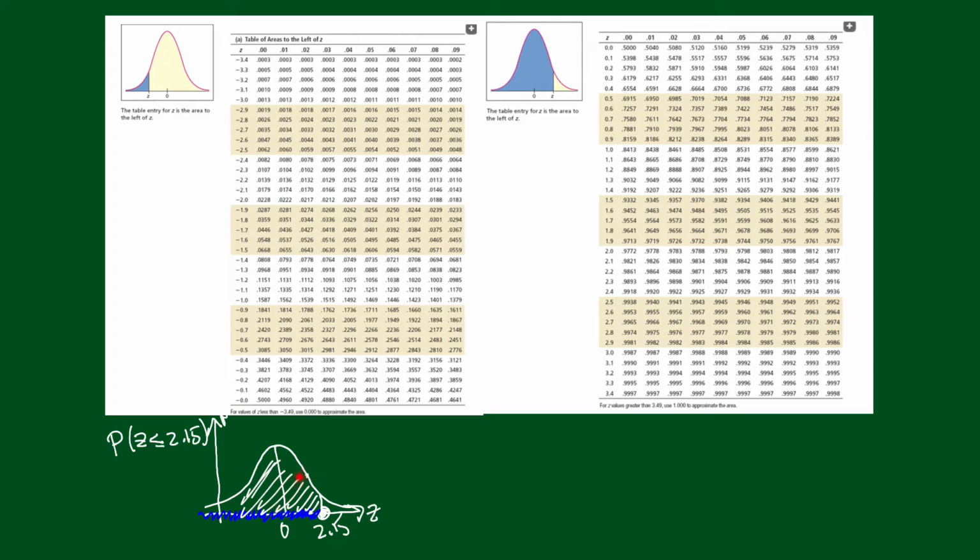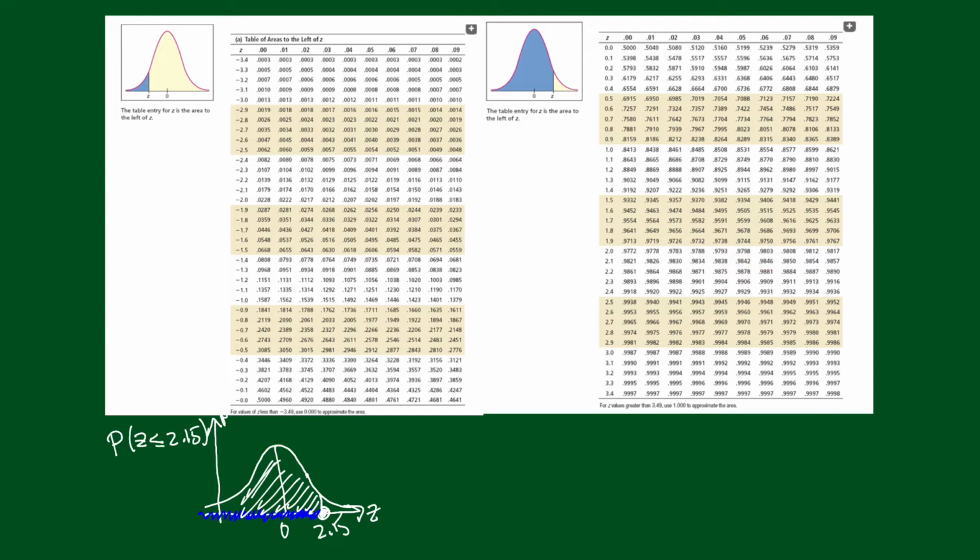So go over to 2.1, and over to the 5 column. There's a 0, 1, 2, 3, 4, 5. Did I get it? Yeah, 5. All right, 2.15 is right there. And I'm seeing that to be 0.9842, it looks like.